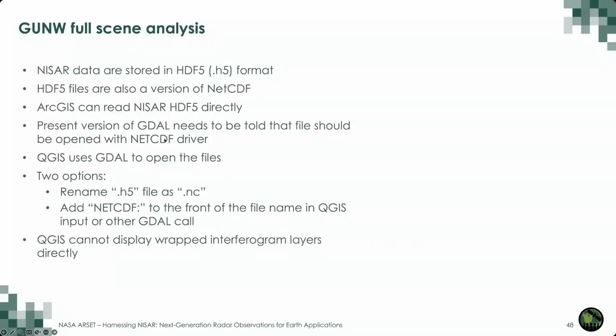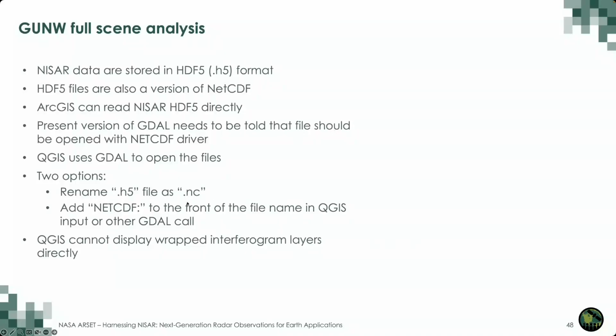And the present version of GDAL needs to be told that this HDF5 file should be read with the NetCDF driver in GDAL. And because QGIS uses GDAL, we also need to do that for opening it in QGIS. So there are two options. We can actually rename the file, take the .h5 file that we download from ASF or Earthdata and change it to be .nc for NetCDF.